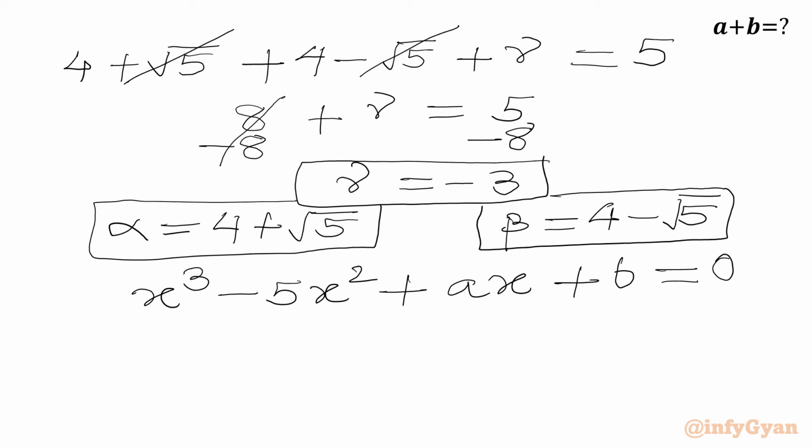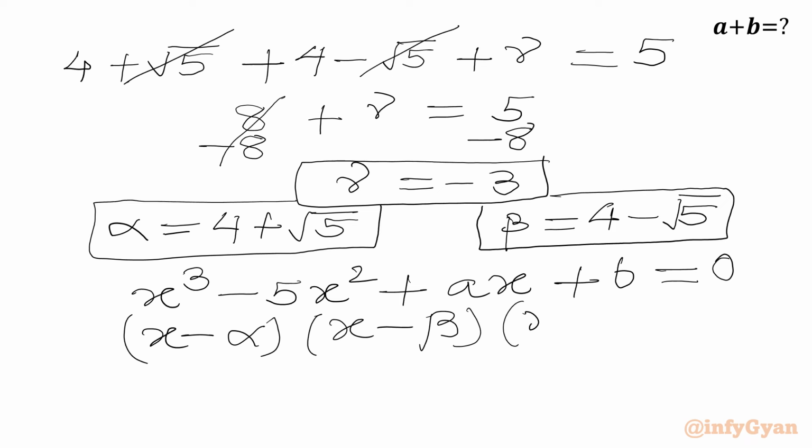We can write it in factor form: x minus alpha times x minus beta times x minus gamma equal to 0. Now we have to plug in all three values of alpha, beta and gamma.